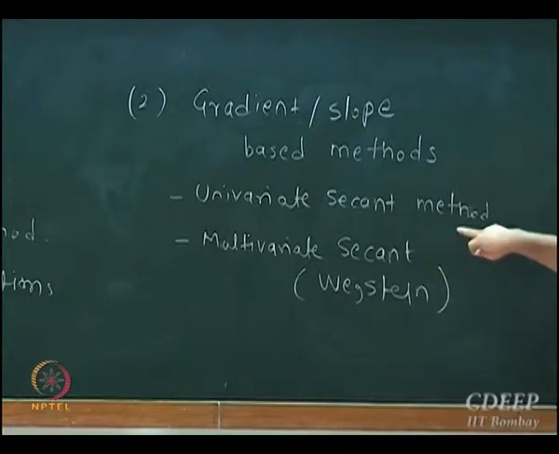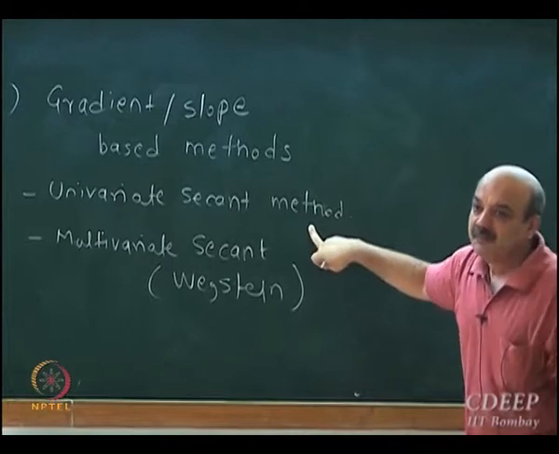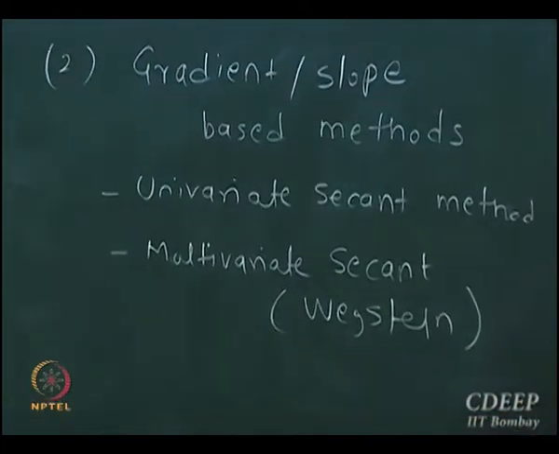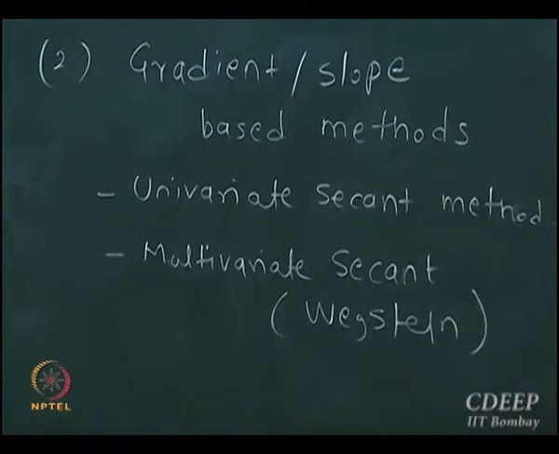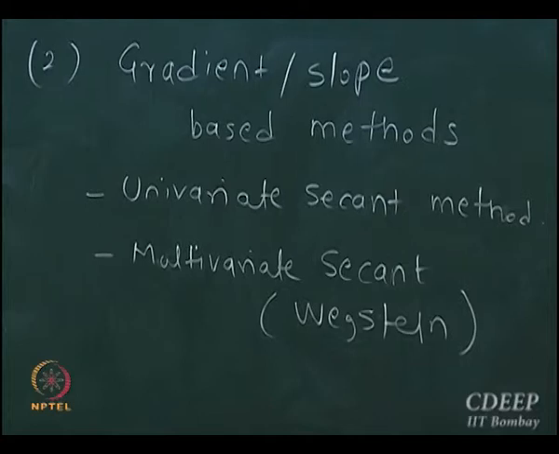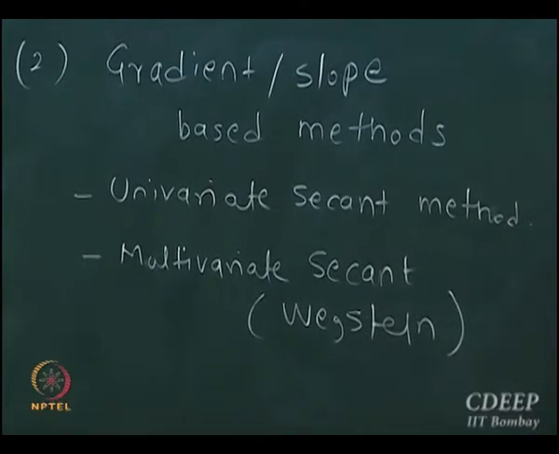So we looked at the univariate secant method, which was a slope-based method. Instead of saying gradient-based method, I would say slope-based method. It will use two consecutive iterates, find a slope, and use that slope to find out the next step. Then we looked at the multivariate secant method.